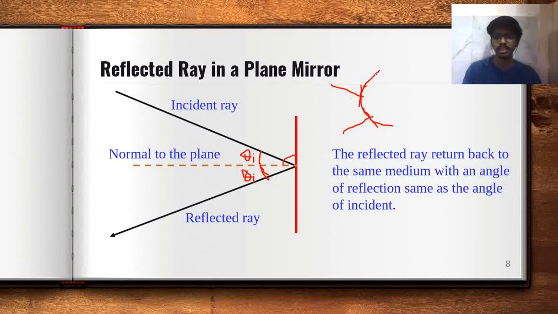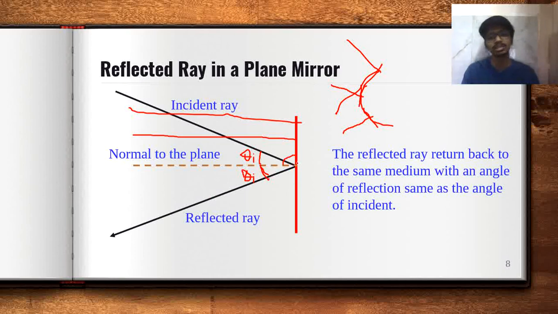But in the case of a plane mirror, all the normals are parallel, so for the incident ray you can easily analyze and understand how the reflected ray will be. But in the case of a spherical mirror, analyzing and understanding at each point will be complex, not difficult, but complex. So it will be better if you understand the reflected ray for particular incident rays in the case of a spherical mirror. That we will discuss.